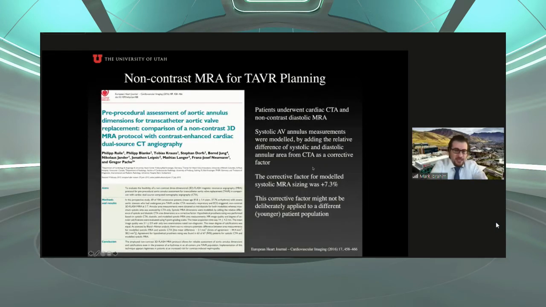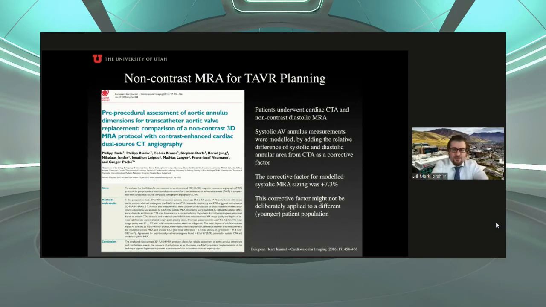valve planning. Then looking into studies that validated the use of this non-contrast MRA, there are basically very limited studies in single centers, and not all of them used the actual systolic acquisition of MRI. Some of them used diastolic acquisition and a corrective factor model based on CT comparison, and basically the accuracy is not as you would like it to be.